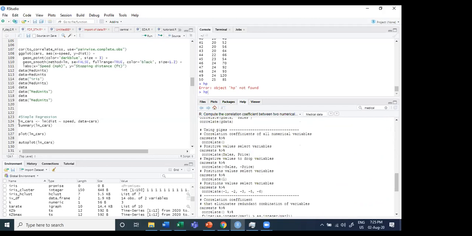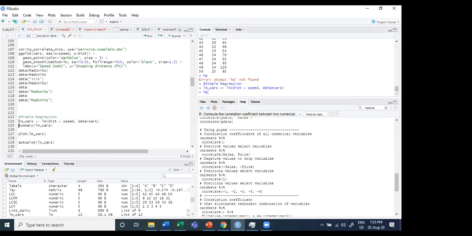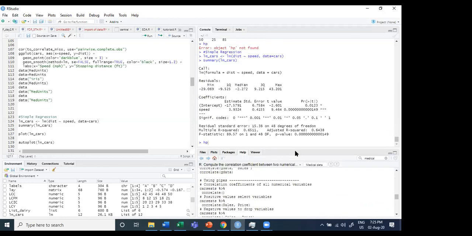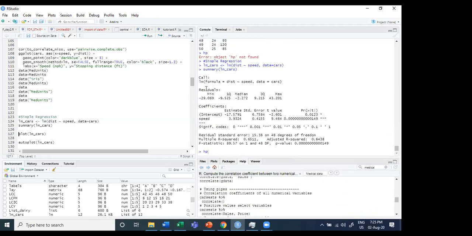So let's take a simple data set, mtcars, and do the regression between speed and distance of the car. So here are the regression results on your screen. Now you can find the regression formula by calling lm, formula distance tilde speed, data is equal to cars.